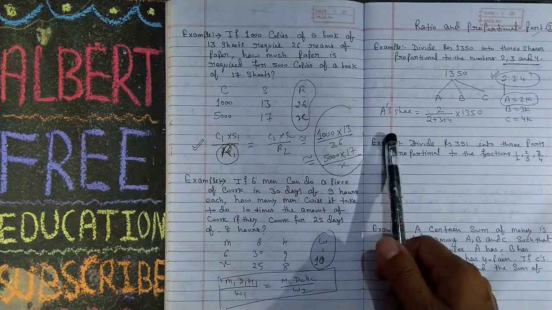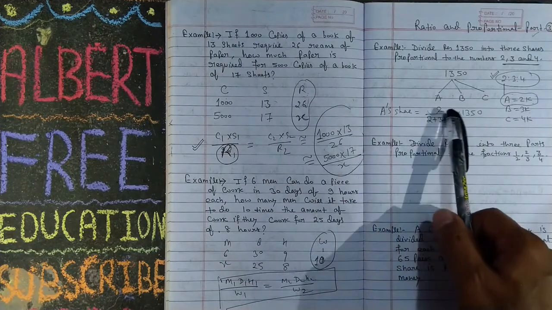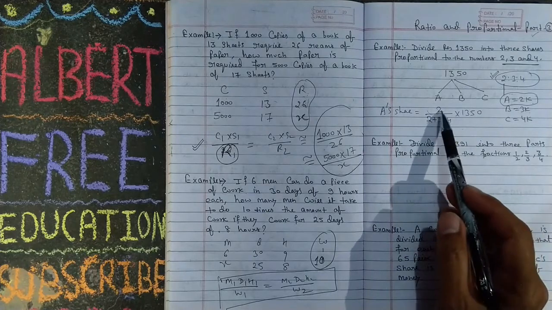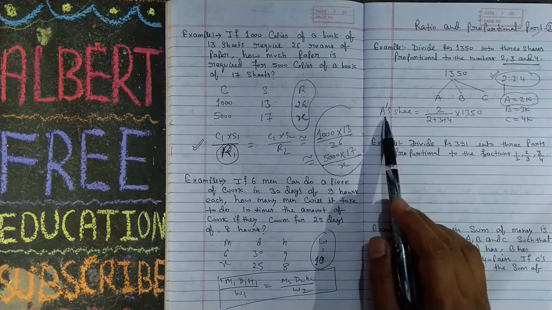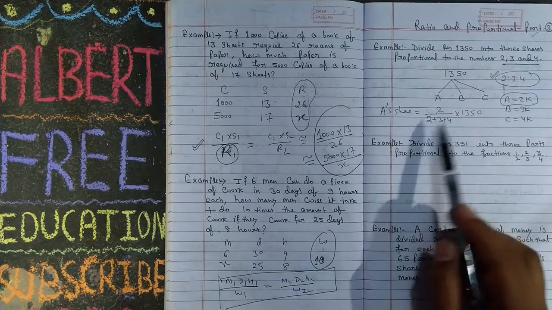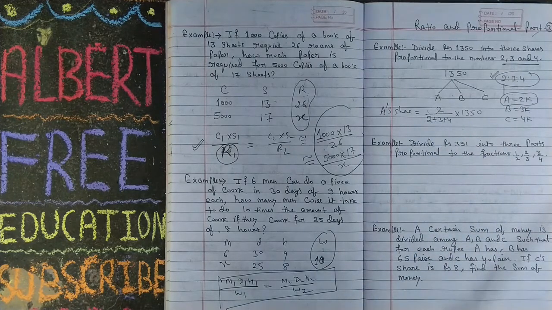Similarly, for B's share, in place of 2 put 3, and for C's share, put 4. Everything is clear. This is the way to solve such questions.